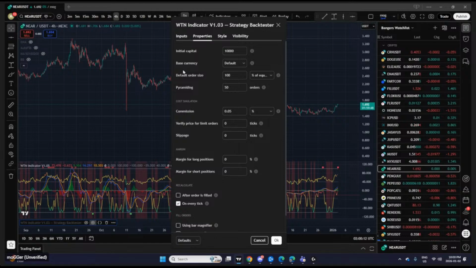So this is the strategy backtester. See, our initial capital is always 10,000. It's in the inputs, but we can change this. So with the strategy that we've found works the best, the bot goes 100% balls deep into everything.